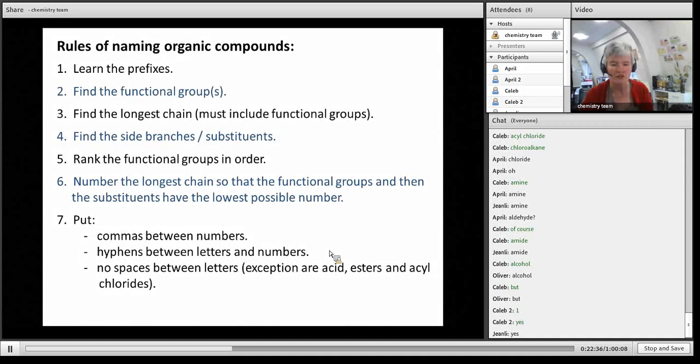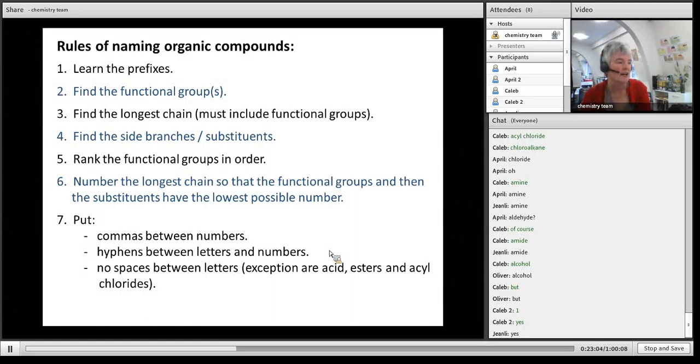The convention is if you've got a number and a letter, like 1 methyl, well, you can't get 1 methyl actually, so 2 methyl, then it's 2 hyphen methyl. So it's to make it one word. If I've got 2 numbers together, I put a comma between them. So it'll be 2 comma 2 hyphen dimethyl.